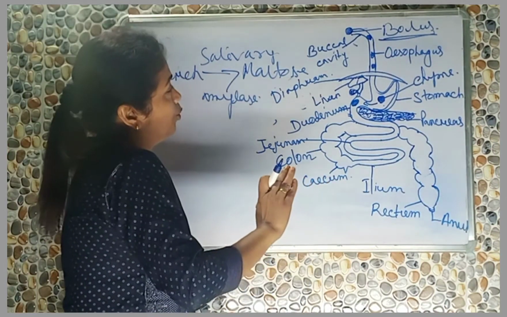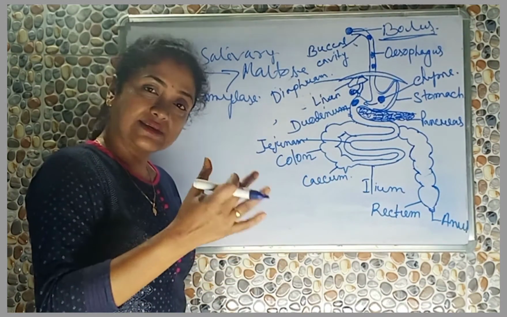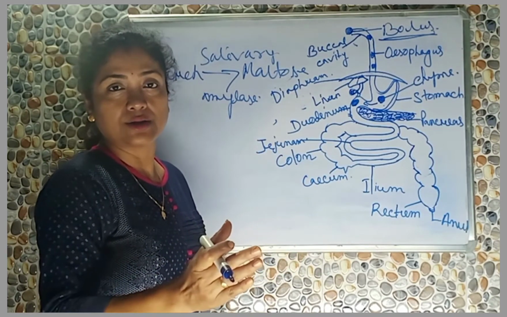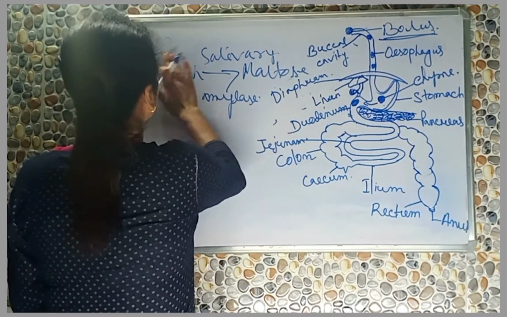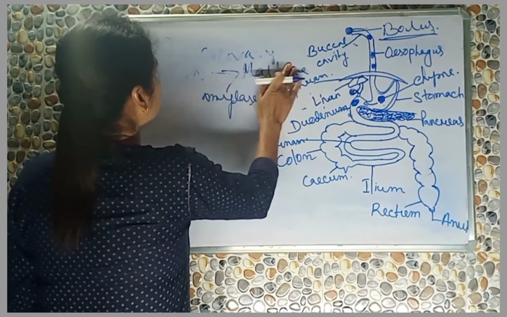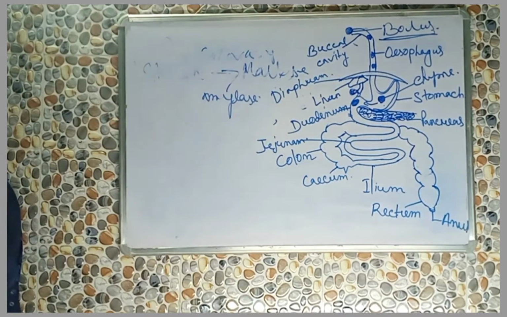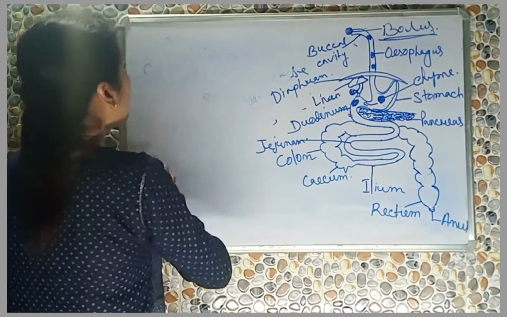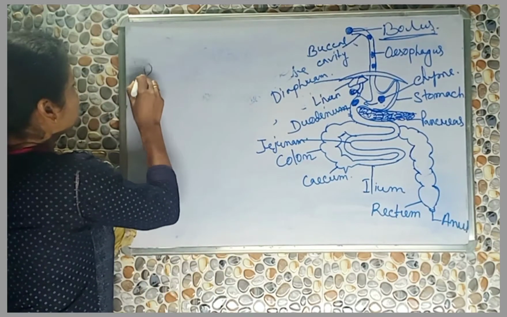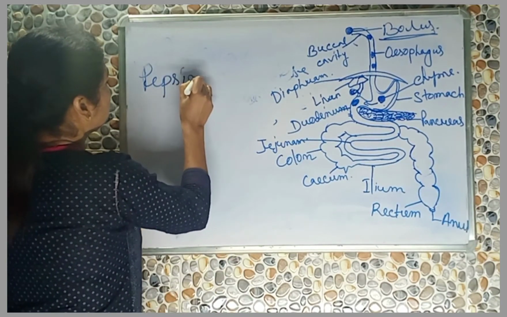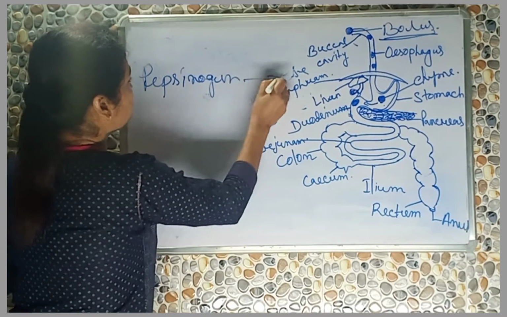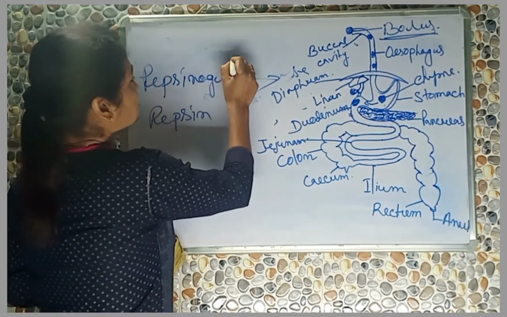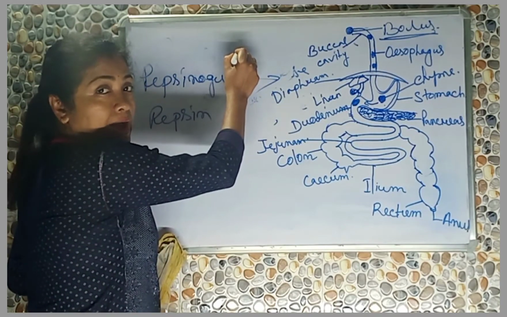The proteolytic enzyme is secreted in its inactive form, pepsinogen. So pepsinogen is converted into its active form, pepsin, in the presence of hydrochloric acid.